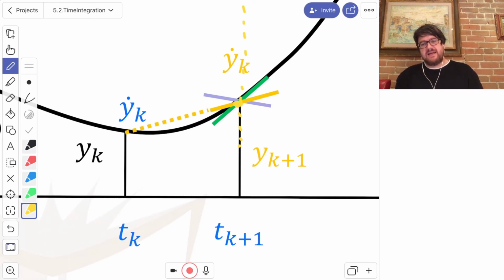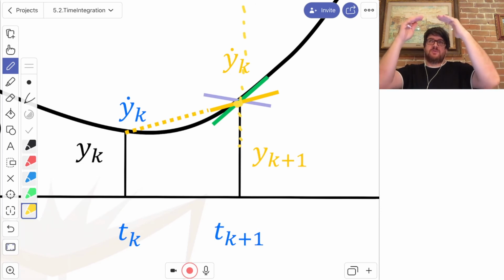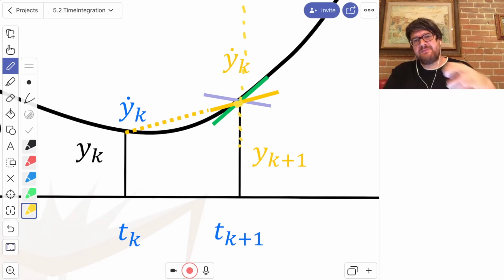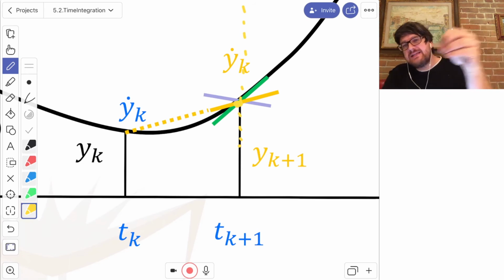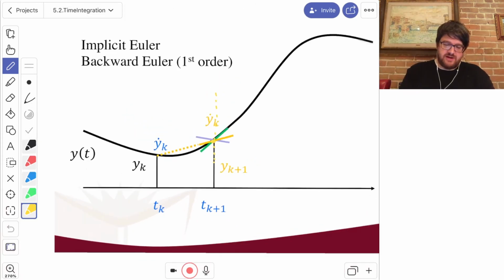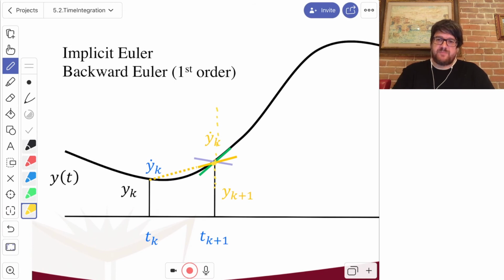So it's saying, okay, at tk plus 1, I want to find a function at yk plus 1 such that the local derivative of this function points back towards me, right? So this basically ensures that I'm not going to escape too far from my target function y.